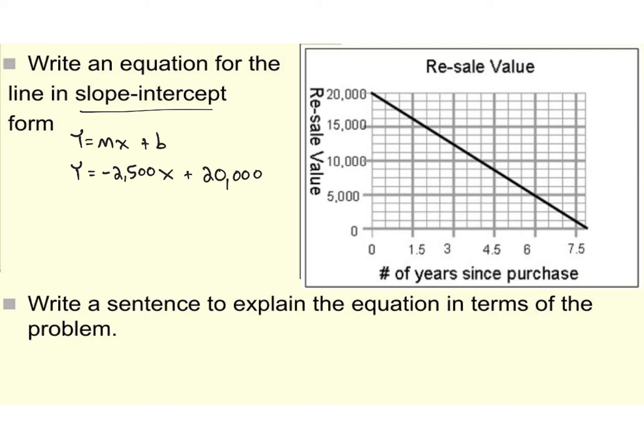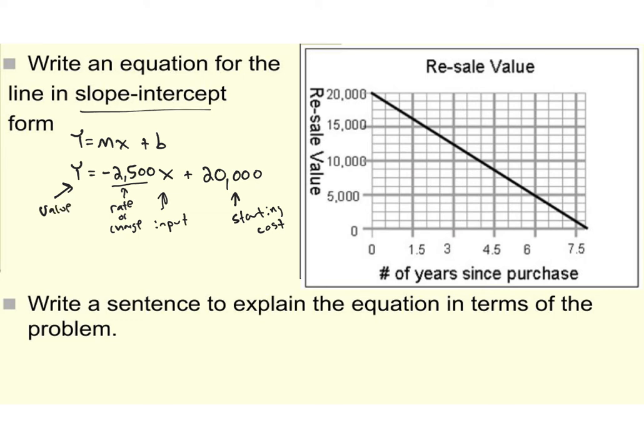If we wanted to go back to the situation, we'd say our input of years is multiplied by our rate of change, plus the starting point or starting cost will give us its value.